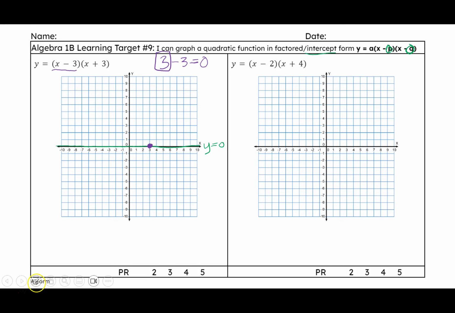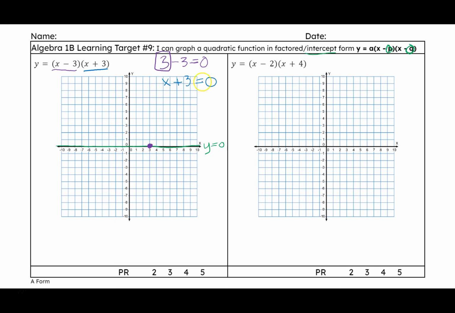Let's try another one. How do we get instead this component to equal 0? That will be x plus 3 equal to 0. What does x need to be? It needs to be the additive opposite of positive 3. It needs to be negative 3.